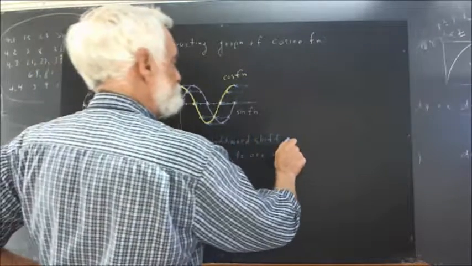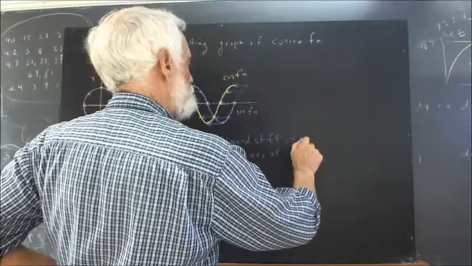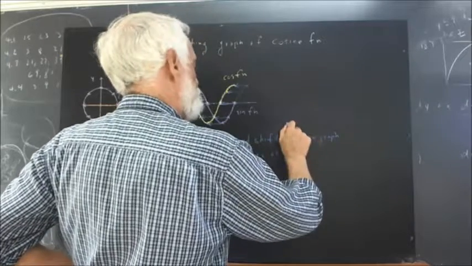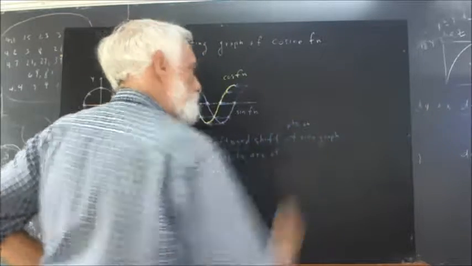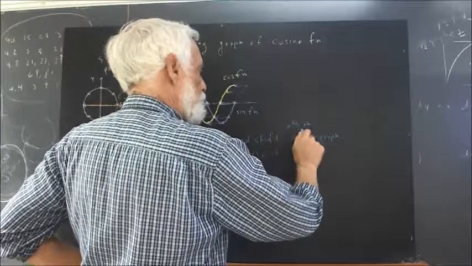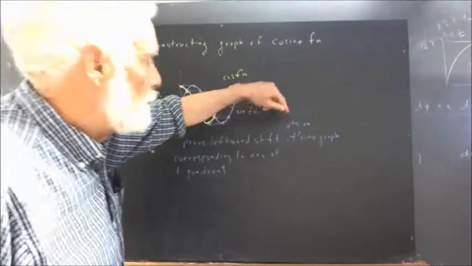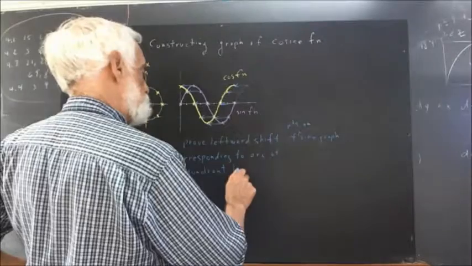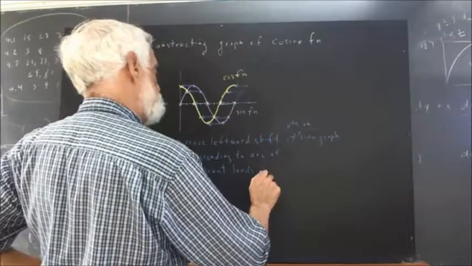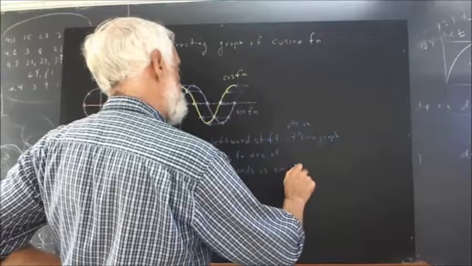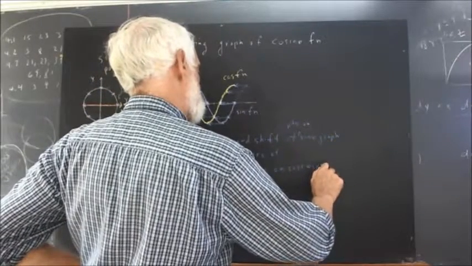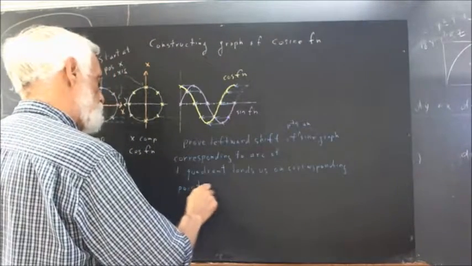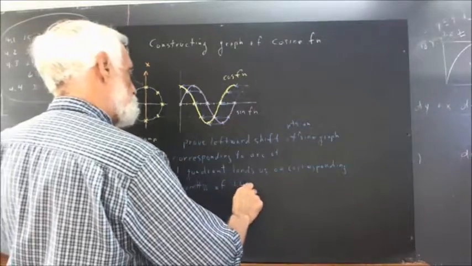I didn't write down everything I should have, so I'll say: leftward shift of the points of the sine graph corresponding to an arc of one quadrant lands us in the corresponding points of the cosine graph.